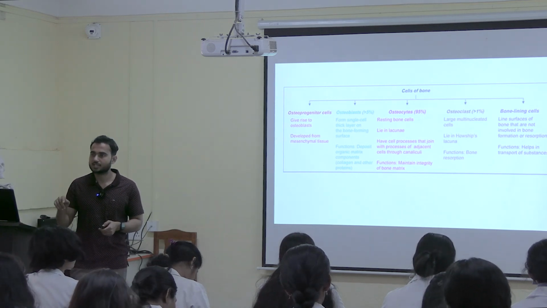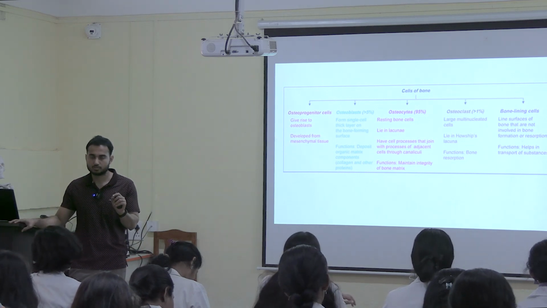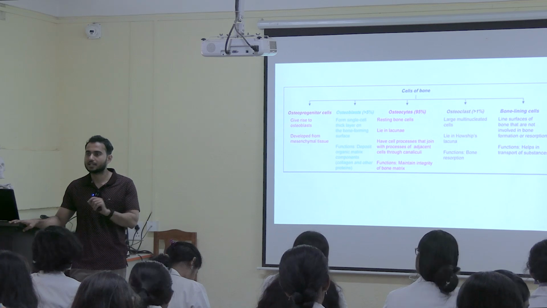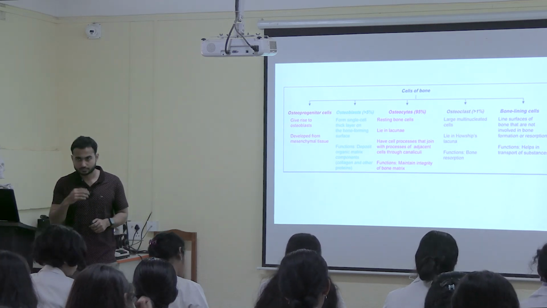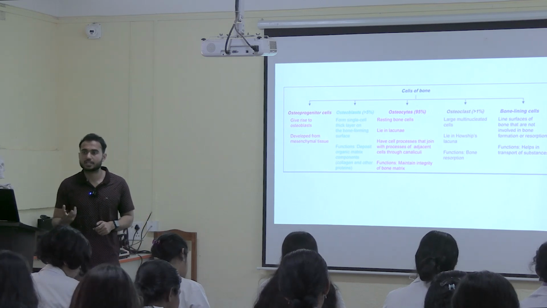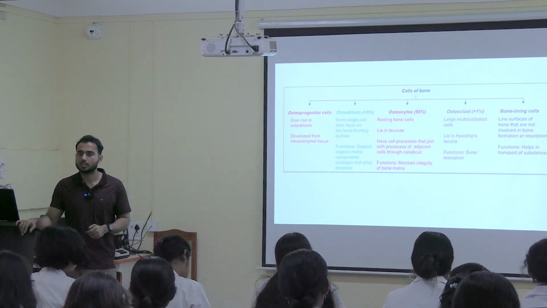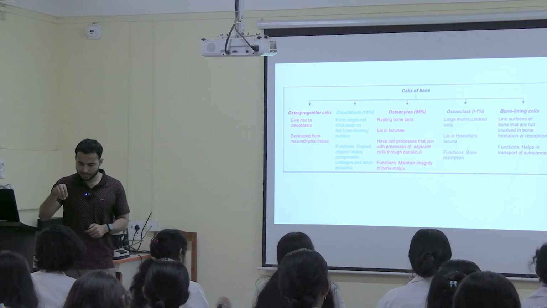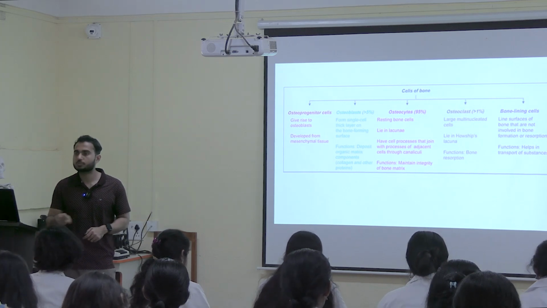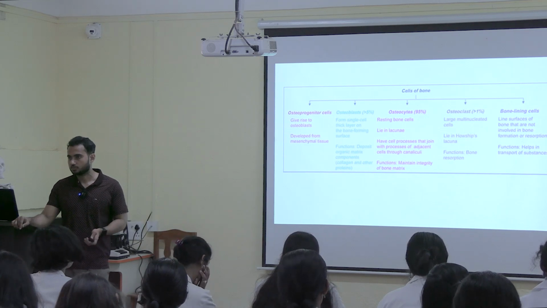If it is an enzyme, what will be the terminal letters, the end letters? If it is ase, that means it is an enzyme. So these two enzymes are secreted by these cells, which help in removal of the bone. Because these enzymes are secreted, wherever they are present, a depression is produced, and that is called Howship's lacuna.